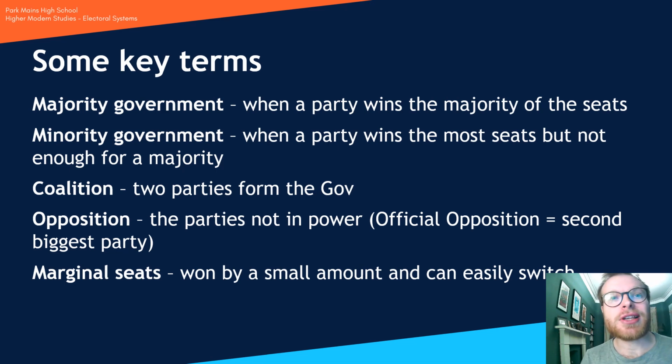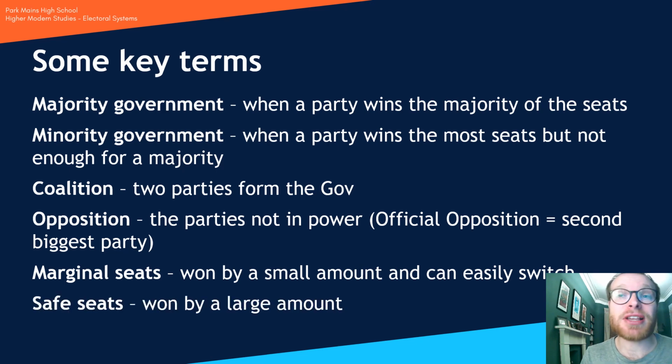Marginal seats, these are seats that are won by a small amount, and they can easily switch. So constituencies where maybe the party that won only won by a couple of hundred votes or a couple of thousand votes even, it means the next time around it's going to be quite easy to change that constituency to a different political party. And safe seats are the opposite.